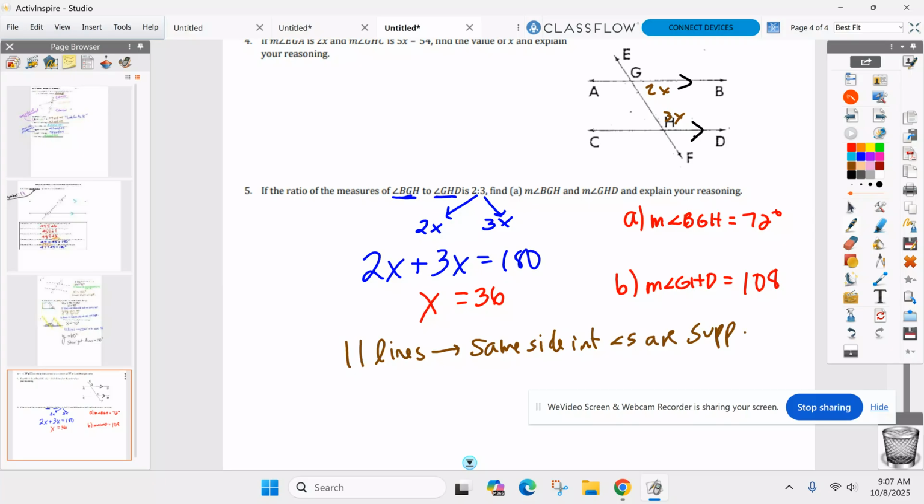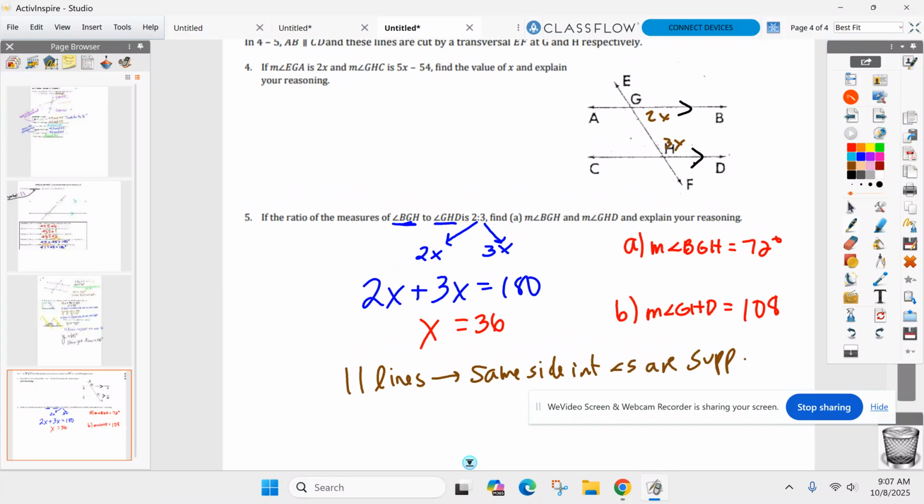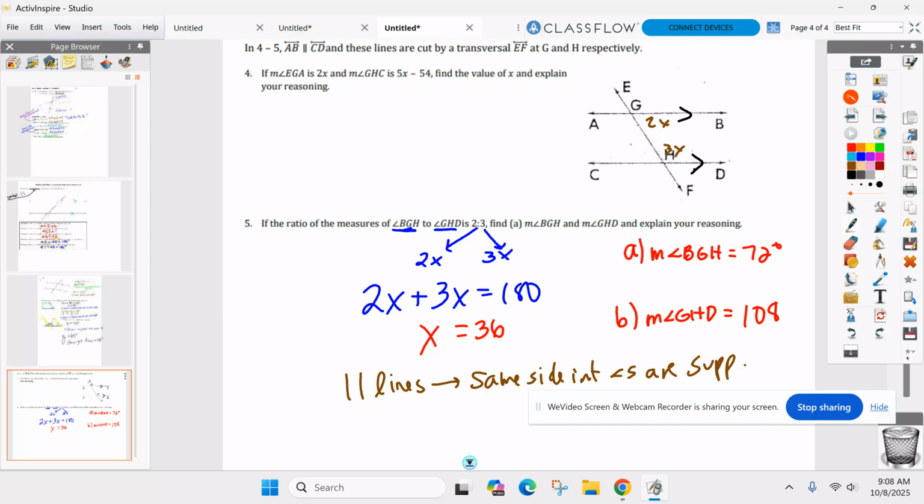Okay, now you guys can go ahead. When you wrote the justification, go to 4. Solve for X and justify. Label them, figure out what type of angles they are, and then does that make them congruent or supplementary?